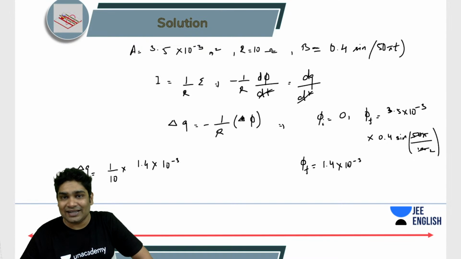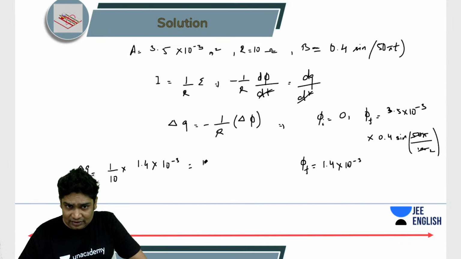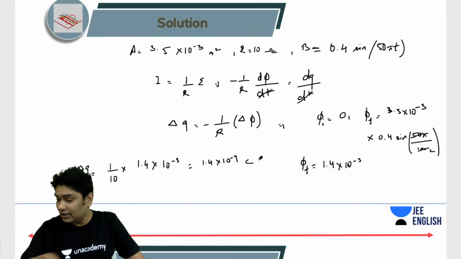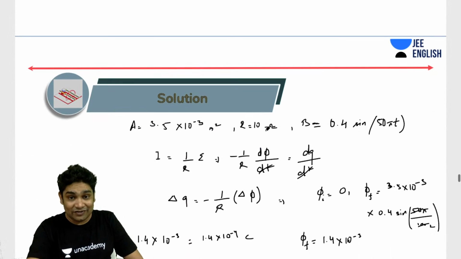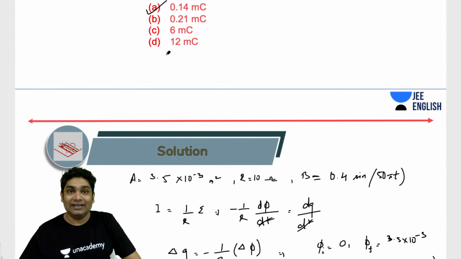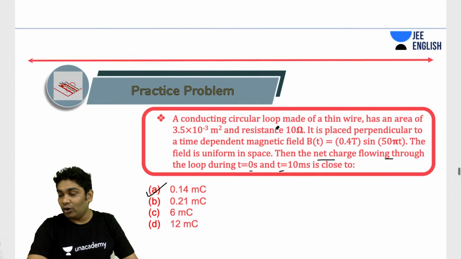Again, I'm neglecting the signs, because sign just means the direction in which the charge would have flown. So I should get 1.4 into 10 to the power minus 5 coulomb. Let's see if we have that as our options. So yes, we do. 0.014 millicoulomb. That is the answer. I hope everybody followed this.